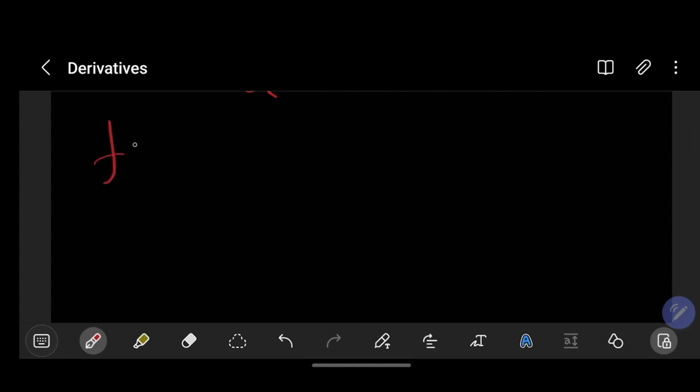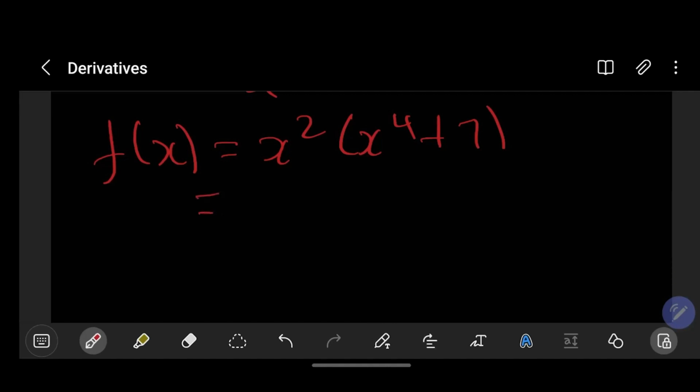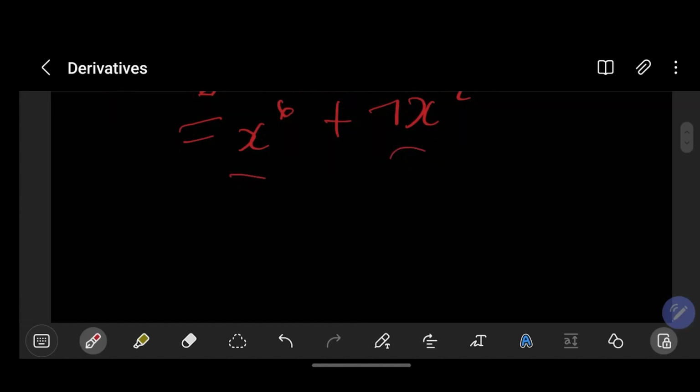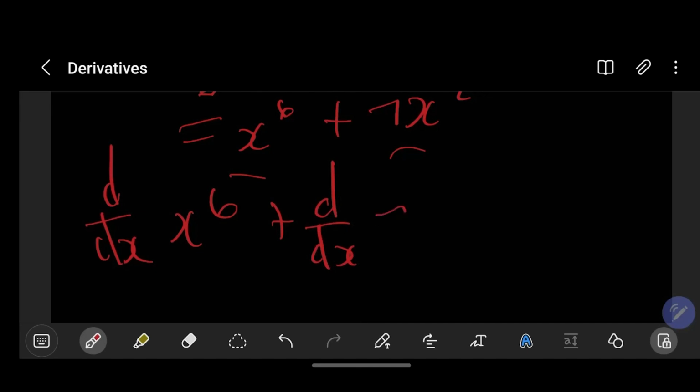So let's say we have f of x is equal to x squared times x to the 4 plus 7. So what do we do in this case? With the rules we've learned so far, we need to get into a format we can understand. So we distribute the x squared out. So we now have this equal to x to the 6, when you multiply you add the indices, plus 7x squared. Now it's in the format that we know. We can use the summation rule here. So we now have d dx of x to the 6 plus d dx of 7x squared.